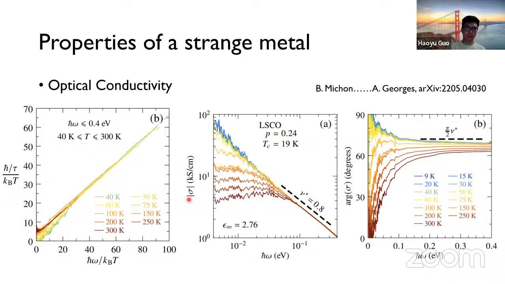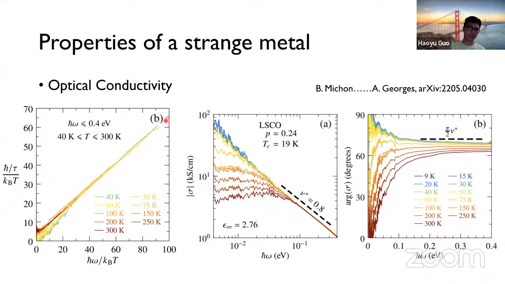Yeah, and in this reference, this is recent experimental data from Louis Taillefer's group. What they found is that they have measured the optical conductivity, and then performed a scaling collapse analysis for this decay rate tau.